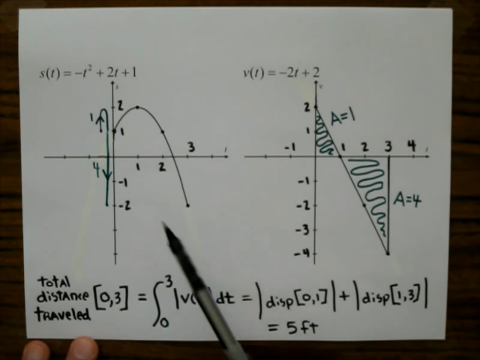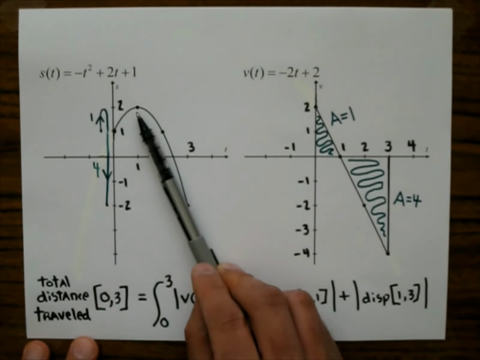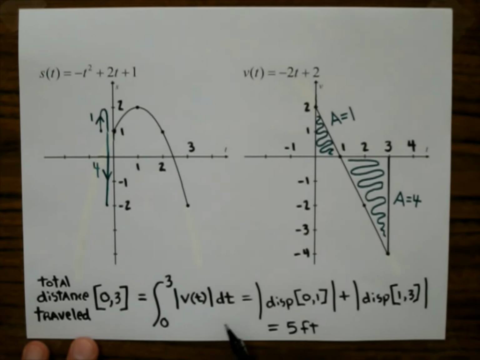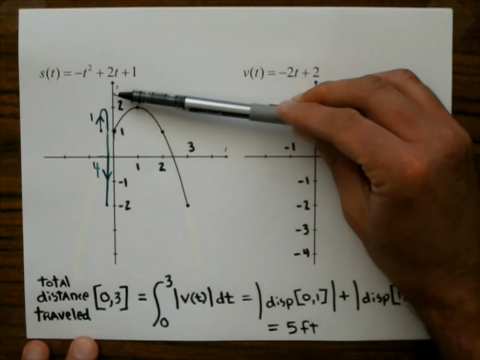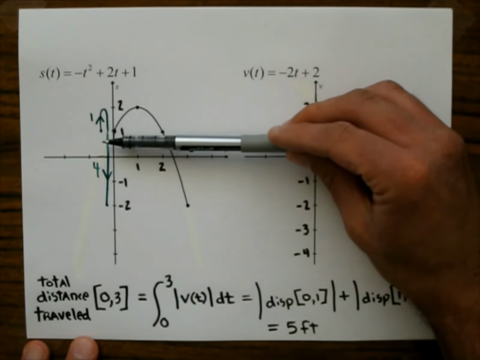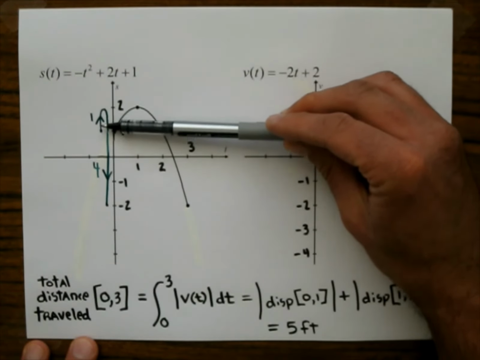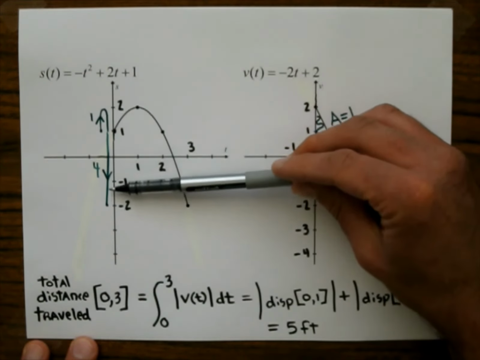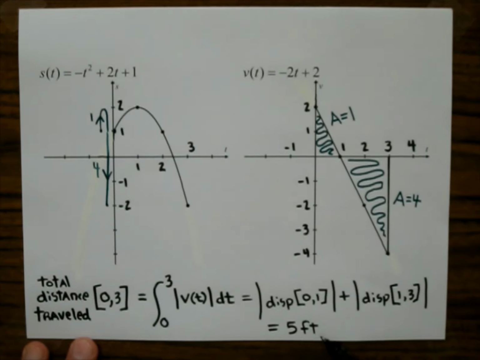Our rest times happen to be where the tangent line is 0. So we end up getting 5 feet. In terms of the graph, the s-axis is the number line the bug is walking on. He goes 1 up and then 4 down, which gives you a total of 5 feet for the total distance traveled. In terms of the velocity graph, the total distance traveled is the total area, 4 plus 1.